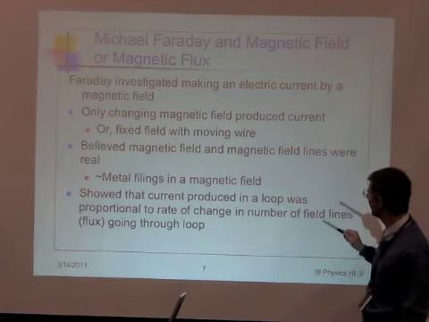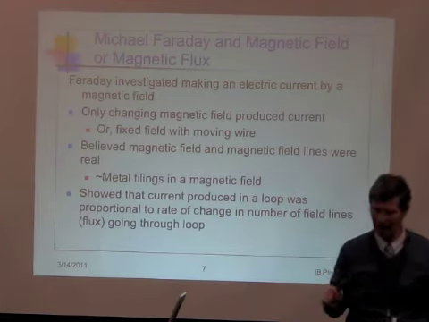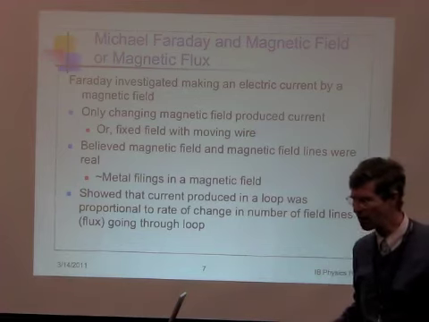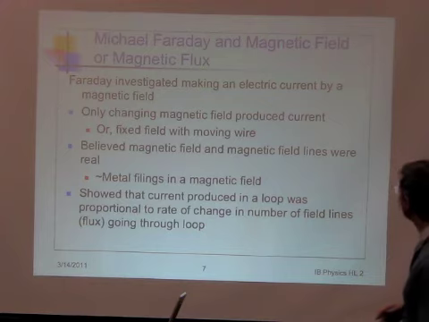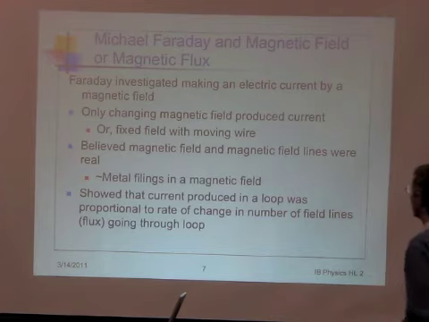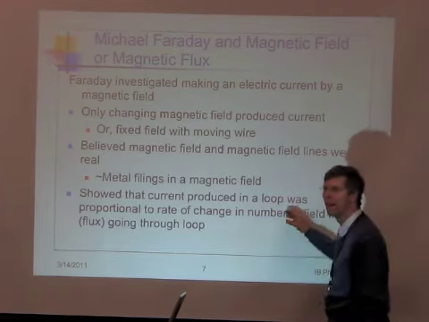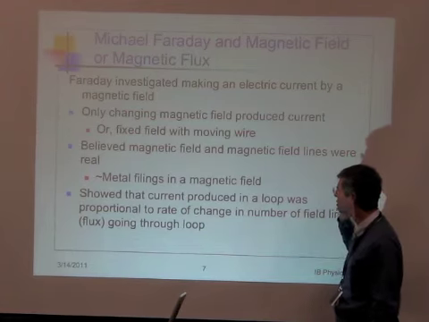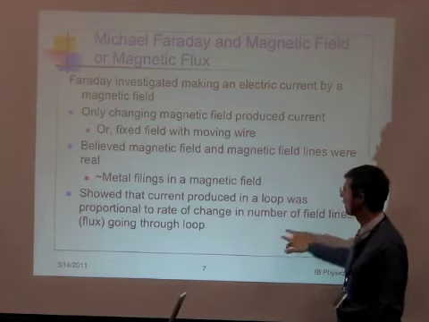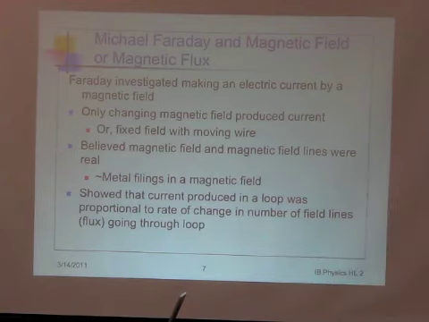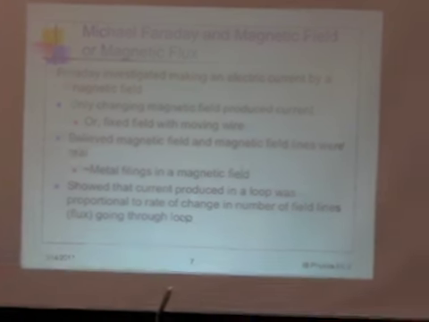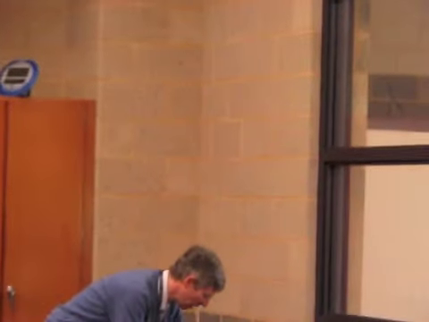He had a very good feel for these lines of magnetic force, and he called it the magnetic flux. What he said is that the current in a loop is basically proportional to the change in the number of field lines, the number of flux lines going through that loop. And I have some visual props here.